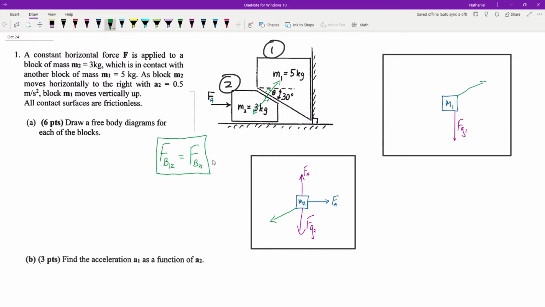There's that force there, and we're going to call it FB. We're allowed to call them both FB because unlike FG, they are different for each one. In FG we have to put the 1 and the 2. But FB is the same for both, so we can get away with just calling it FB.